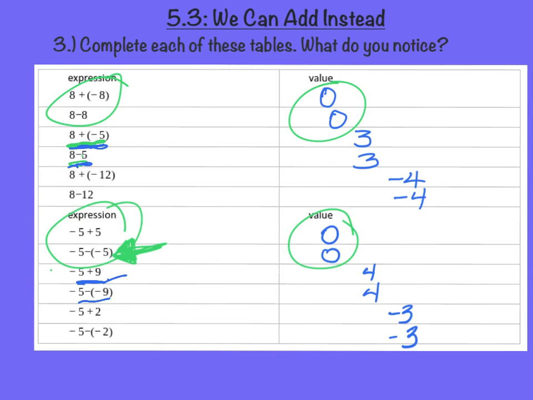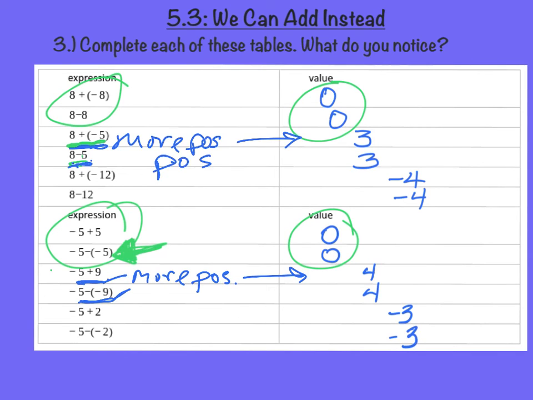So what happens here? More positives left me with a positive answer. More positives. Left me with a positive answer. Interesting. And then, of course, when I just take this away, 8 minus 5, I know I'm of course still going to have a positive answer, right?